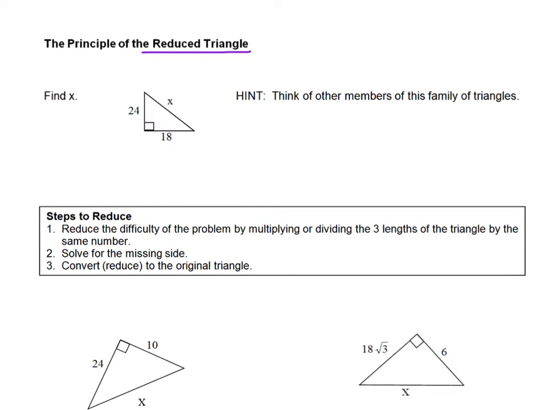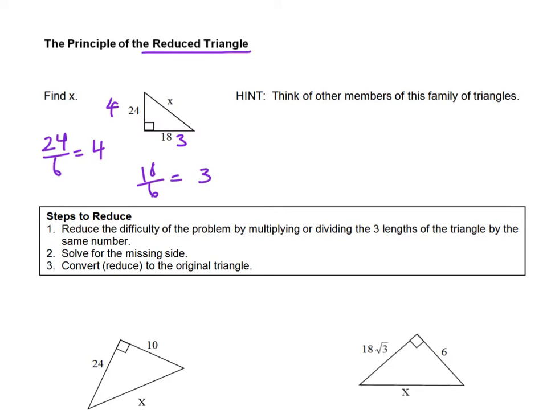And what we can try to do is reduce the triangle. So can 24 and 18 be divided by the same number? Think of the biggest number you can divide them by. 6 fits into both. So if you take 24 and divide it by 6, you get 4. So I'm going to go ahead and put a 4 over there. If you take 18 and divide it by 6, you get 3.